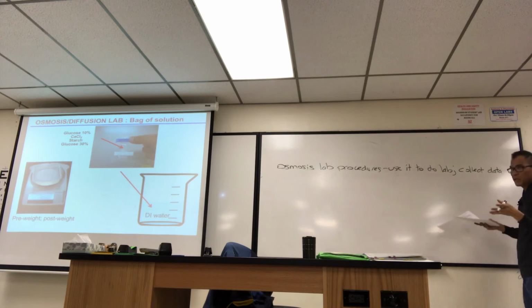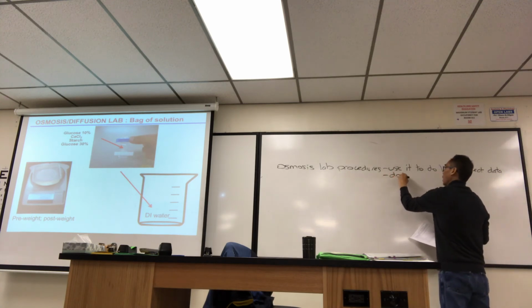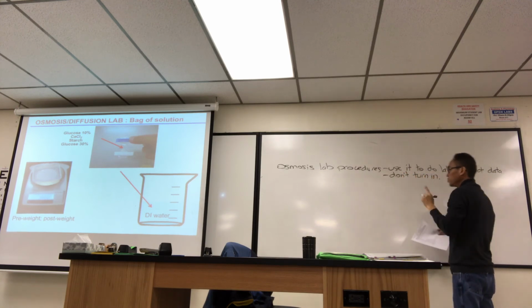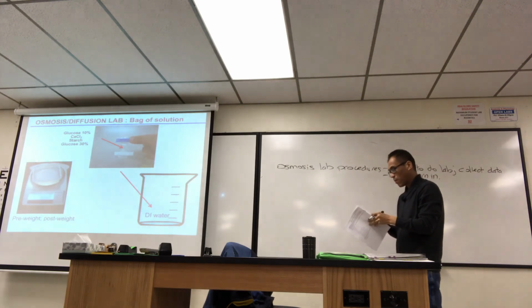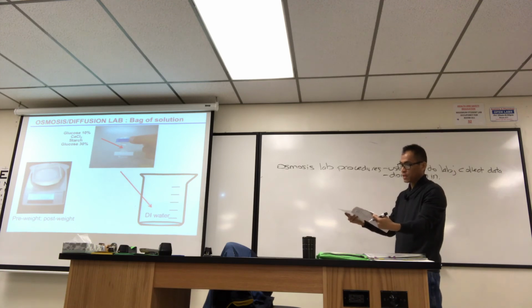But you don't turn it in. It's just the procedures. I don't need to see it. But you do need it. The most important table is on the last page. Reporting data, all 10 groups, and you're only one of them. So everyone has to report their group.